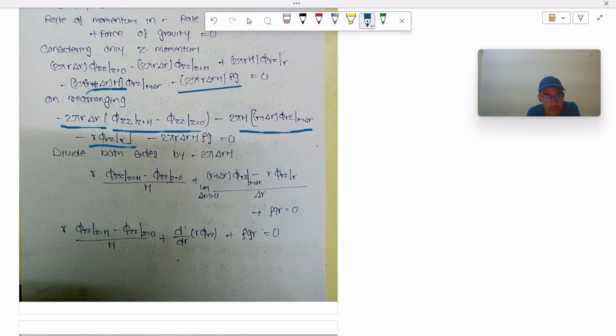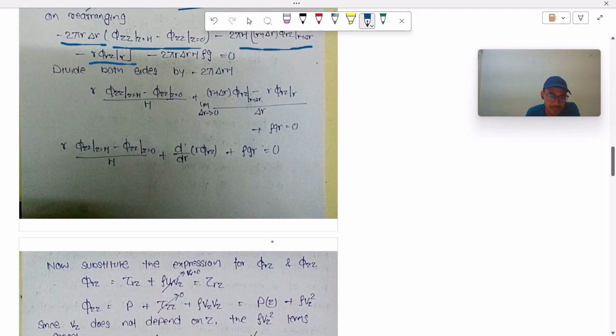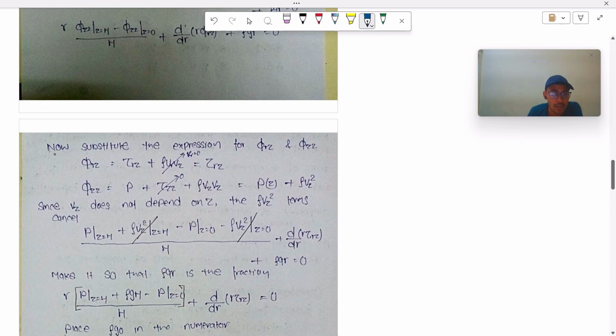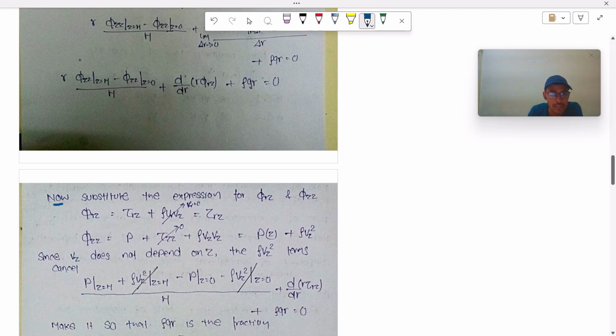That is, d upon dr of r times phi rz plus r times phi zz at z equal to h minus phi zz at z equal to 0, divided by h, equal to 0. So this is our expression, which we use to solve our problem for velocity distribution.